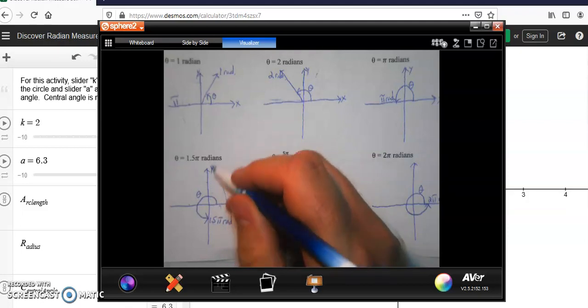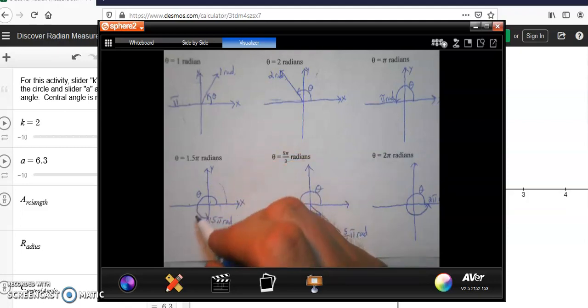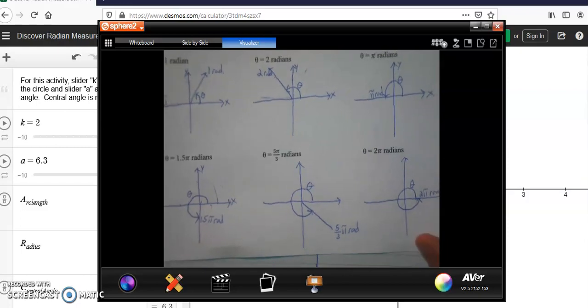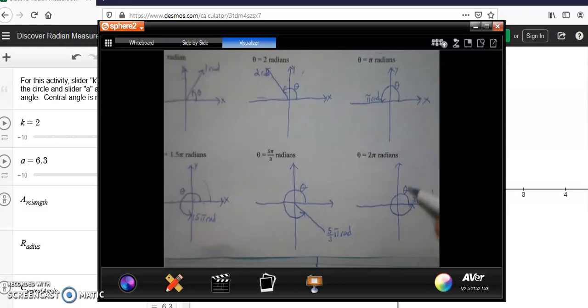So 1.5 would be in the 1st quadrant. But 1.5 pi is 1.5 times 3.14. And that happens to be where the 270 degrees is. Okay, and then on the last one, the 2 pi radians, you start at 0, go around, and you end up right up on the x-axis again.